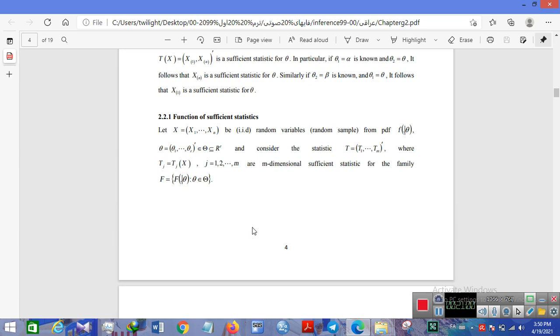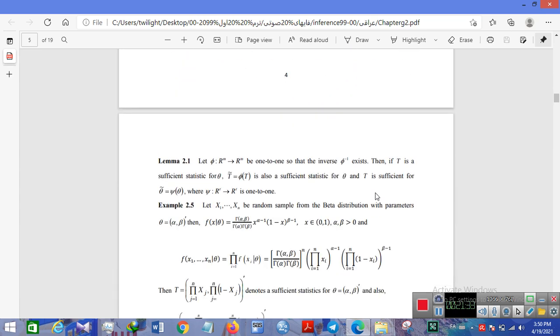In the next section we look at the function of the sufficient statistics. Suppose X_1 to X_n is a random sample, and theta equals theta_1 to theta_r is the parameters, and T equal to T_1 to T_m is the statistics, an m-dimensional statistic.